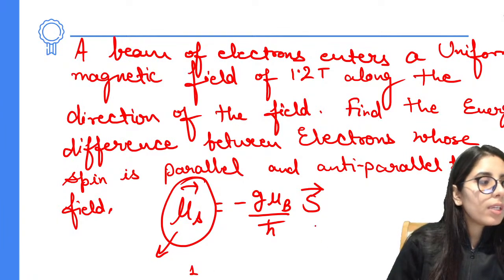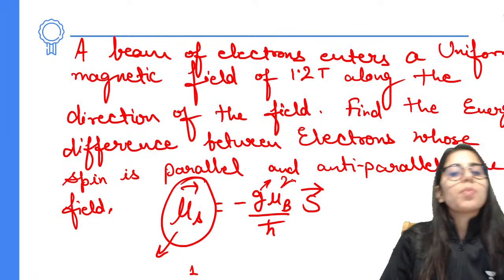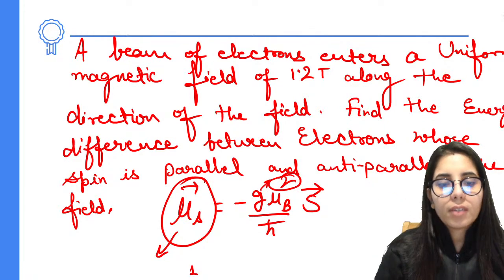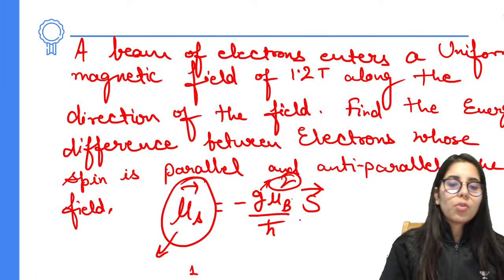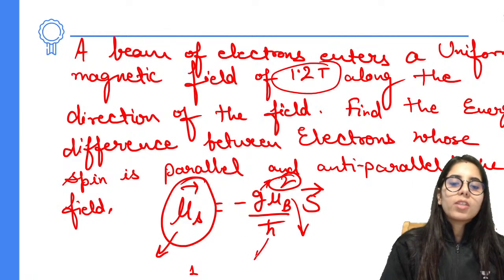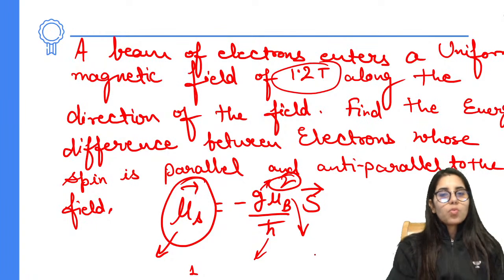And the other thing, gs, we will have to consider for the spin part. For the purely spin case, it's going to be 2. Mu B is also a constant value and the magnetic field is already given, so you can find it, h cut constant. So only vector s will be remaining, that is root s into s plus 1.